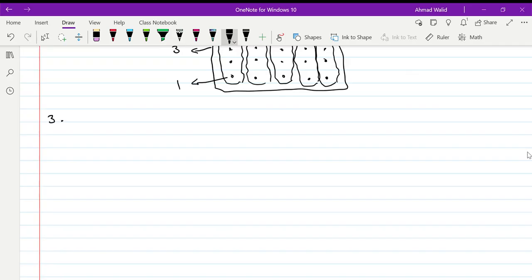The third way is stratified. I think we have an E here also, stratified.